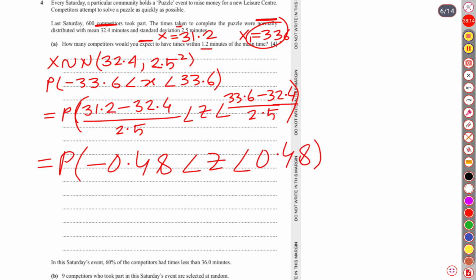Well, then what does it mean actually? Look at this, it is in normal distribution.